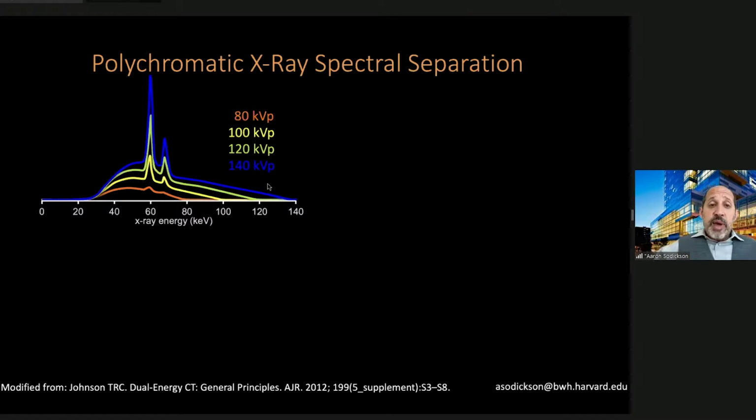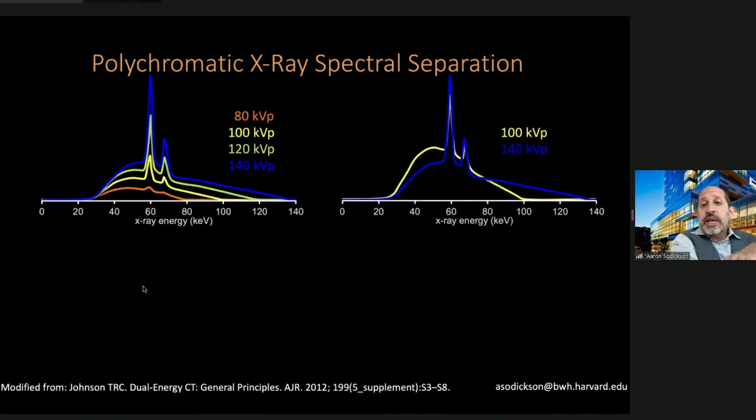So we end up with this spectrum, in this case the blue spectrum, where the maximum X-ray energy we can produce is 140 keV, but we have this whole spectrum below. If we take two of these spectra, 100 and 140, and we normalize to the same area under the curve, which is to the same X-ray flux, we can see that we have a lot of overlap between these two spectra.